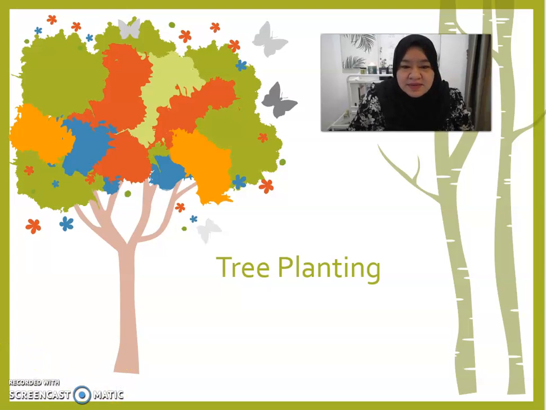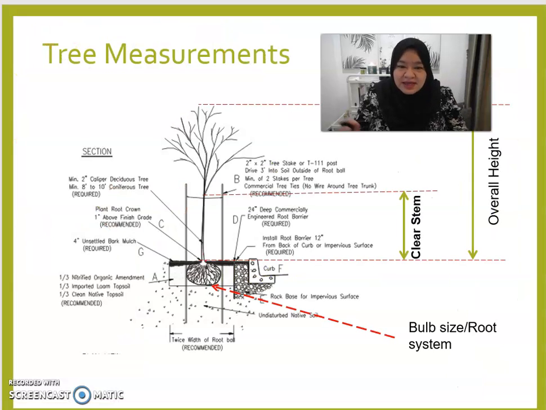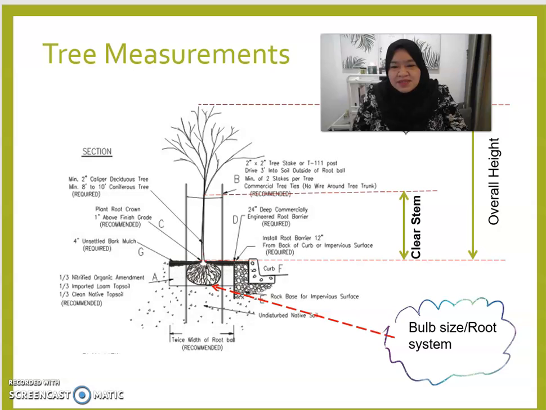Alright, before we proceed again to the measurement of tree planting, let's look at how we describe a tree in your description. First, you need to know the terminology, what we call bulb size. It's on the root system, so you have to know at least the width of the bulb system.